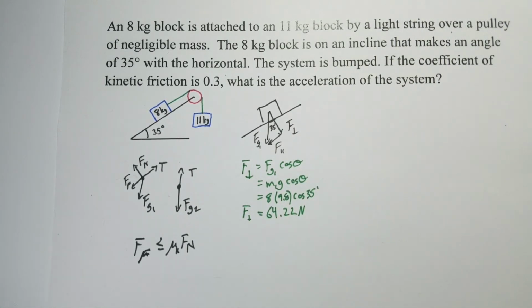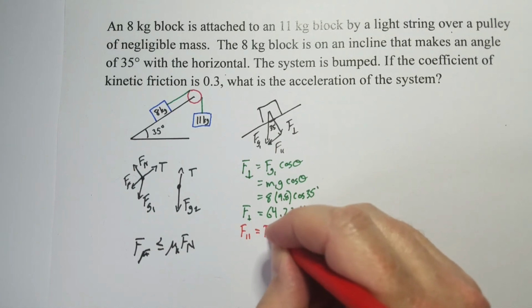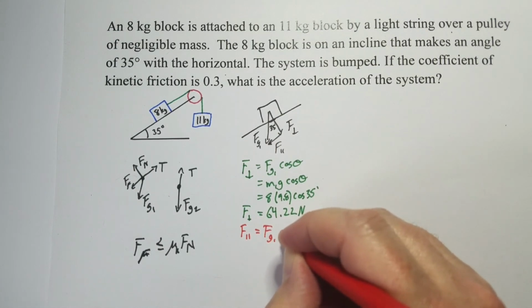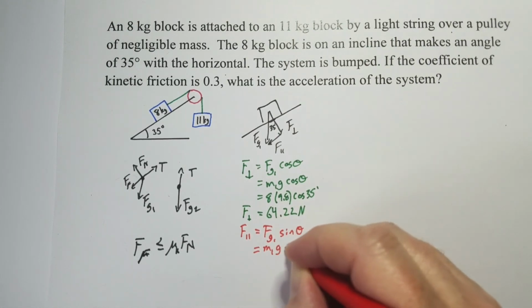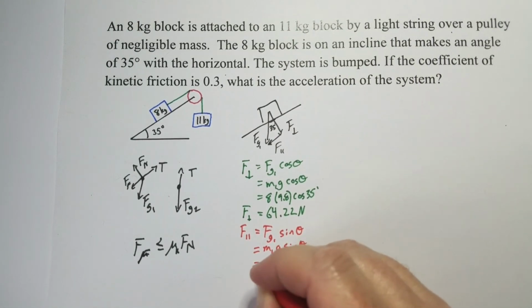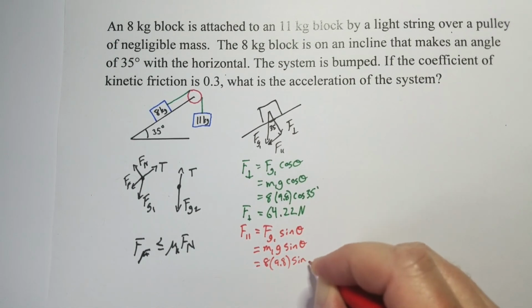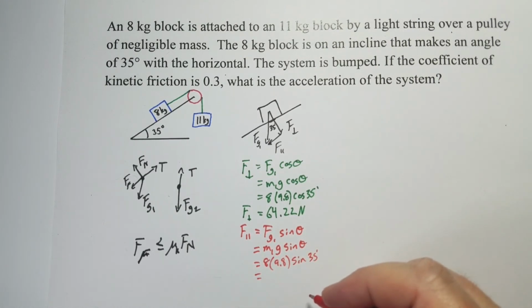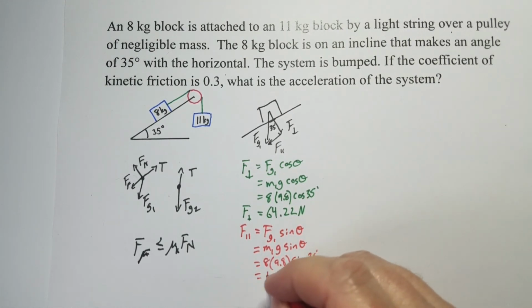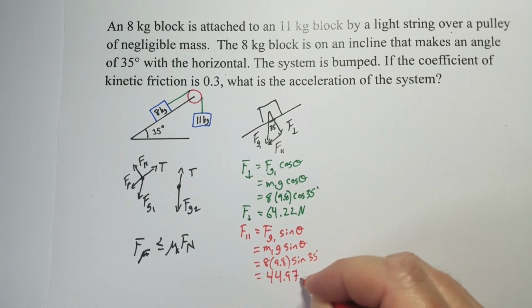Force parallel: the only thing we have to change is the cosine to sine. So m1g sine theta. That's 8 times 9.8 times the sine of 35 degrees, and that is 44.97 newtons.